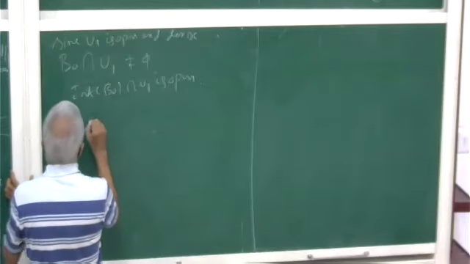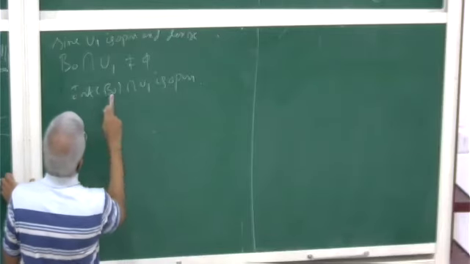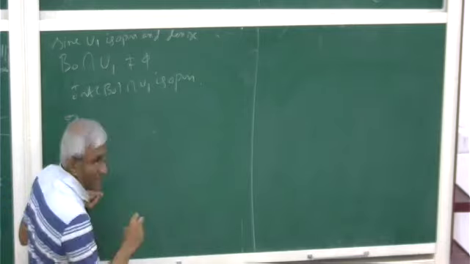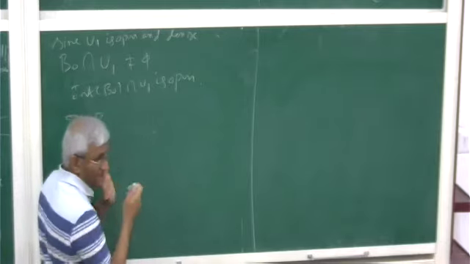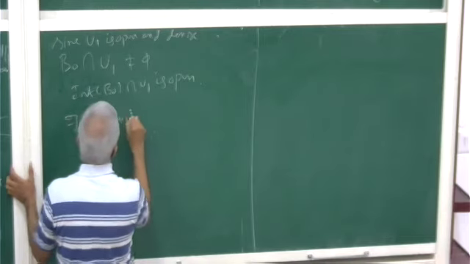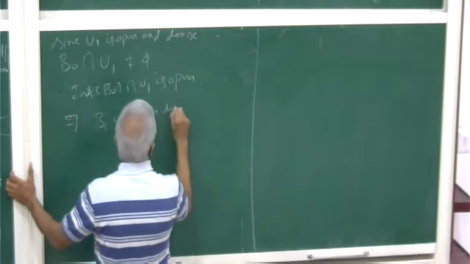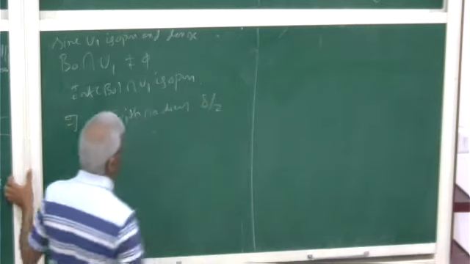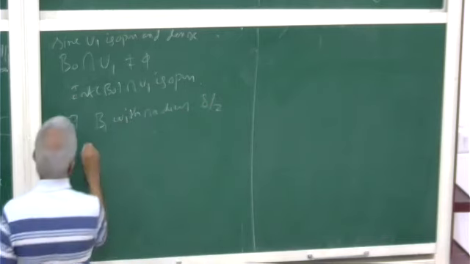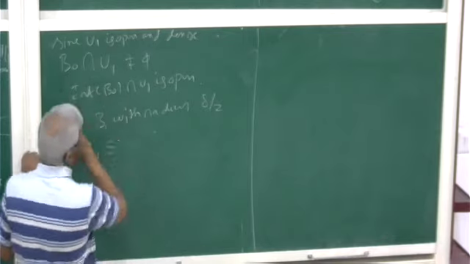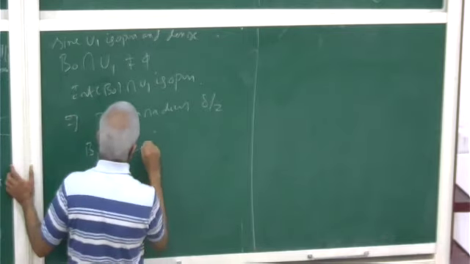There exists a B1 with radius less than delta by 2, such that B1 is contained in B0 intersection U1, both being open.